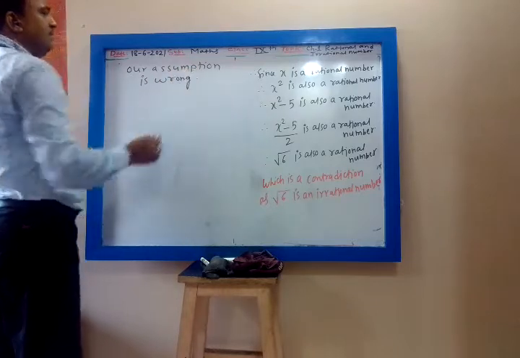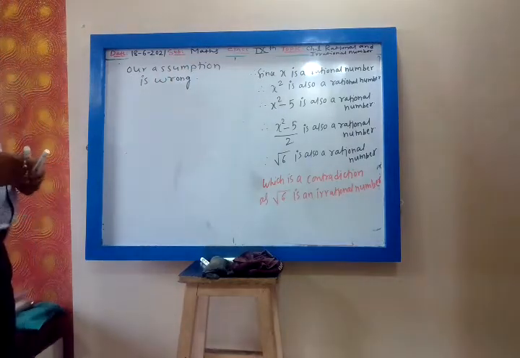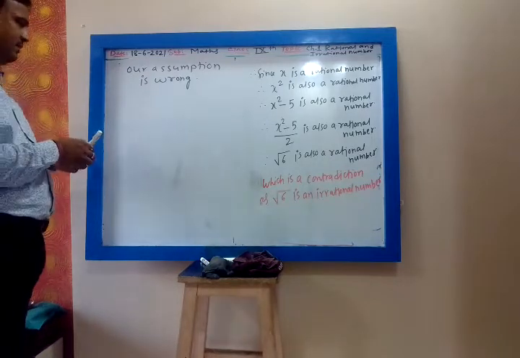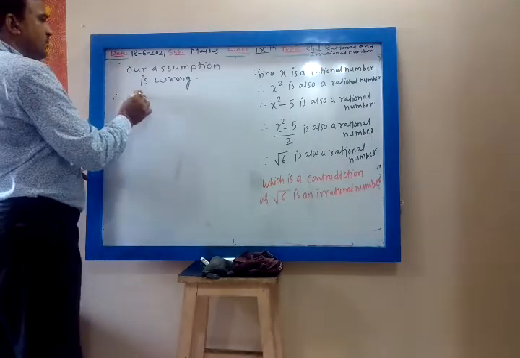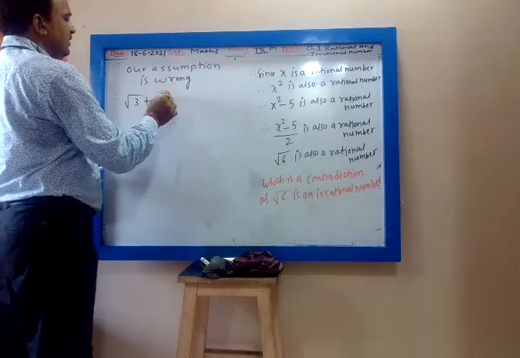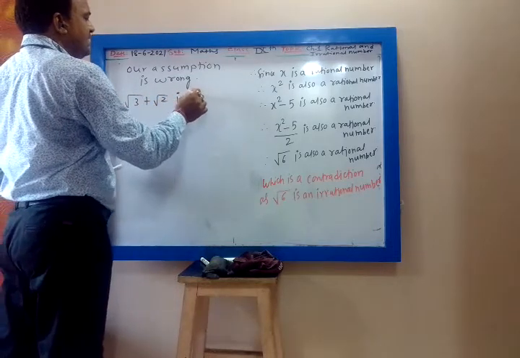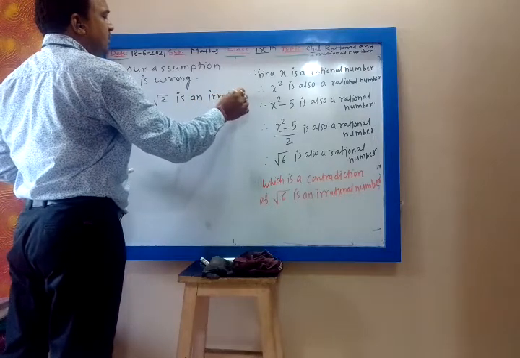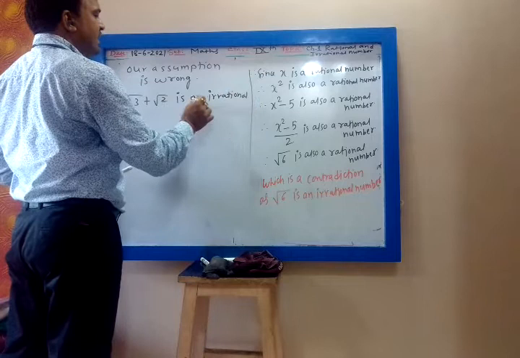So now we correct our assumption. Because of the wrong assumption we arrive at a contradiction, and therefore root 3 plus root 2 is an irrational number.